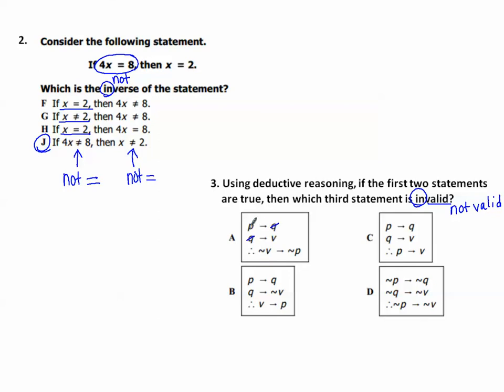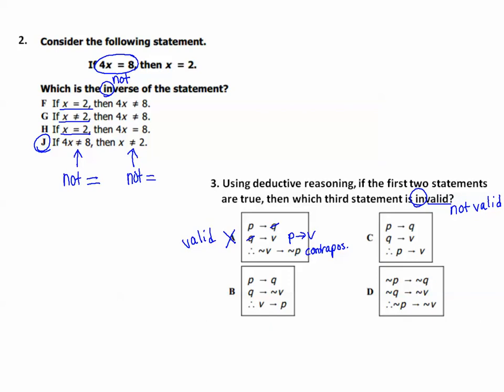Therefore, it should go P and then V. That's what should come next. Did they do that? Sorta. They used the law of the contrapositive. Therefore, it's valid. This one is valid. We're looking for the one that's invalid, not valid.